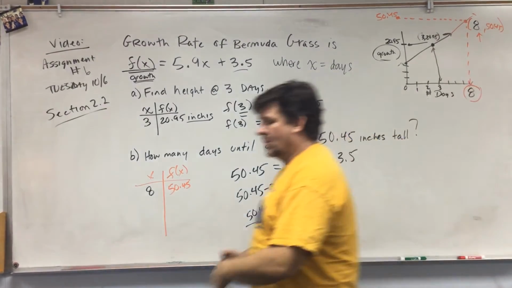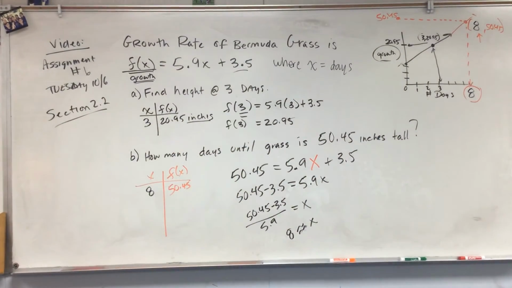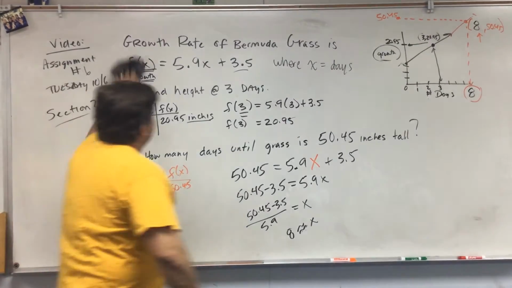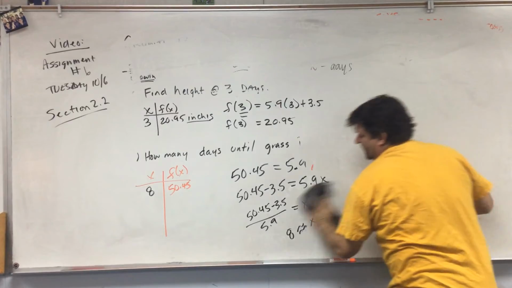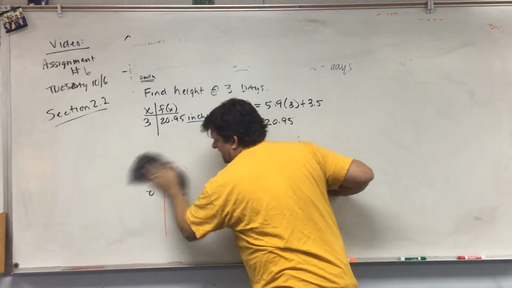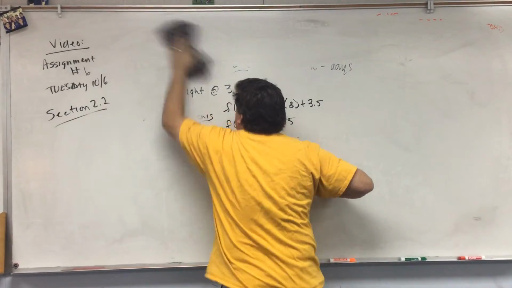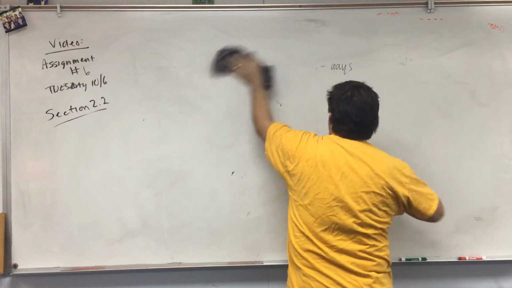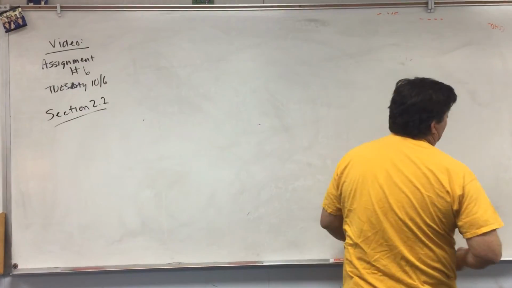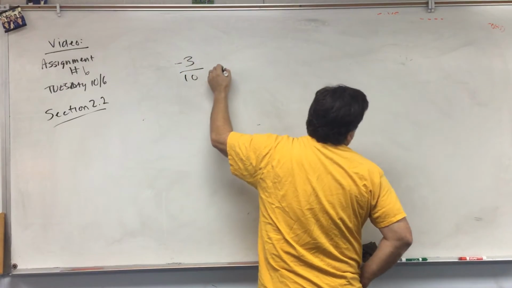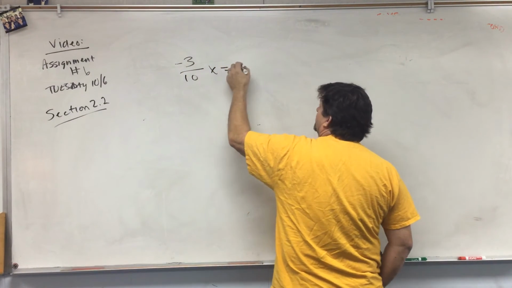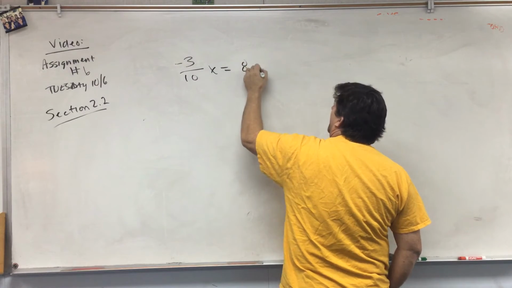All right, so one more quick one here, guys, is putting it in standard form. So put this in standard form: -3 over 10 x equals 8y minus 5.